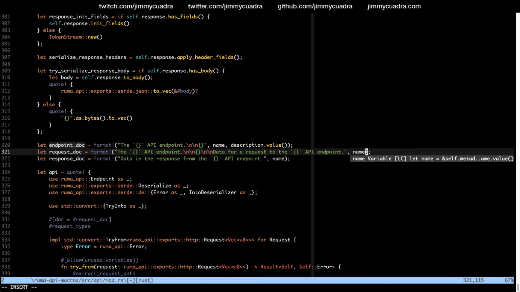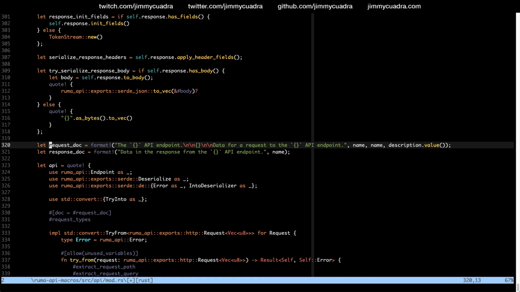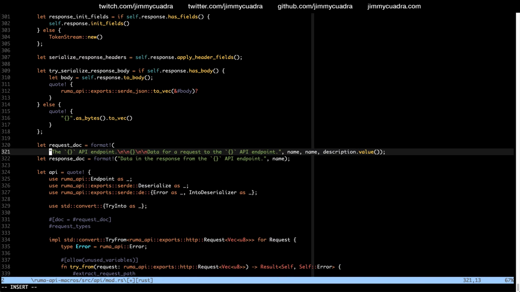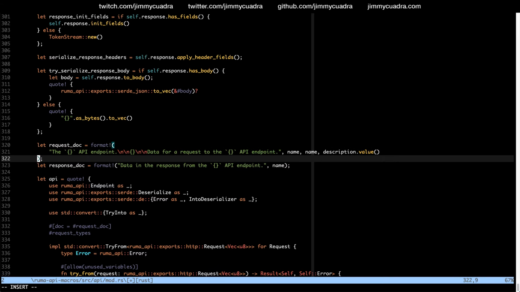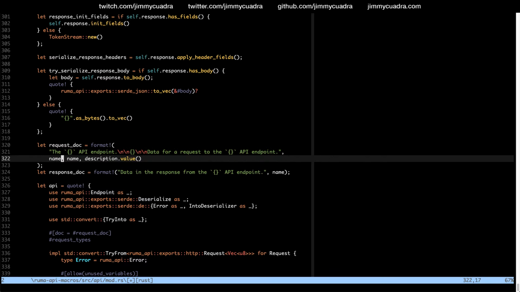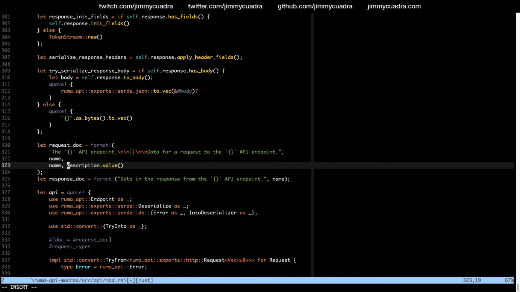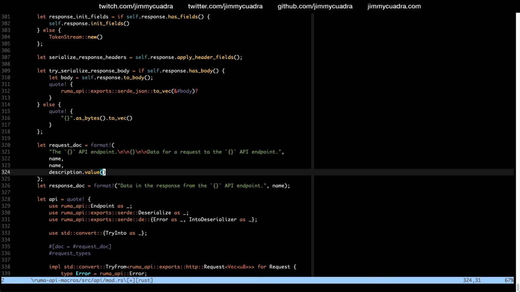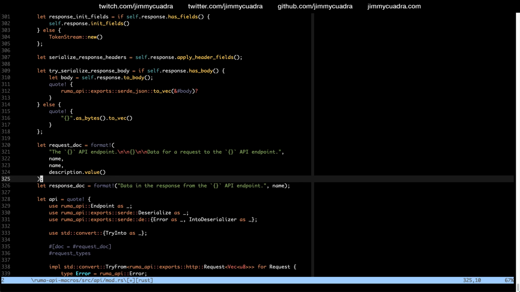Name, description.value. And let me format this a little more nicely. Oh, I can't use the trailing comma there. So we no longer have endpoint doc.